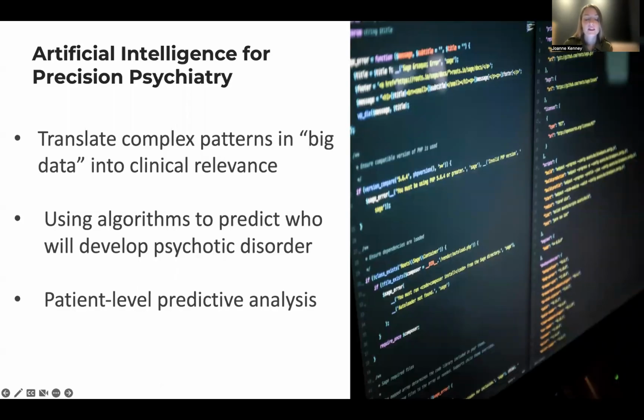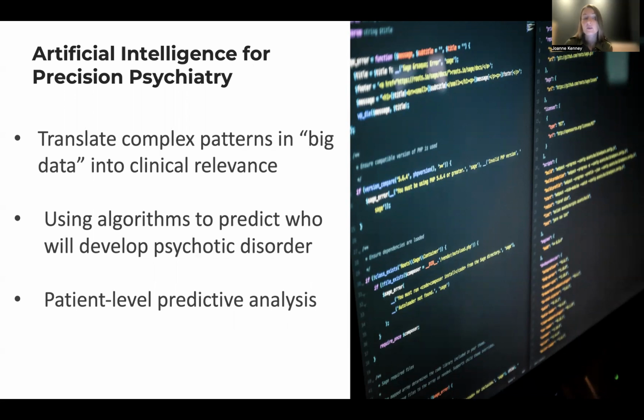As I touched on in the last slide, the use of artificial intelligence like machine learning for precision psychiatry is a really important topic at the moment. This can help us translate complex patterns in big data, or large amounts of data, into clinical relevance in psychiatric conditions.